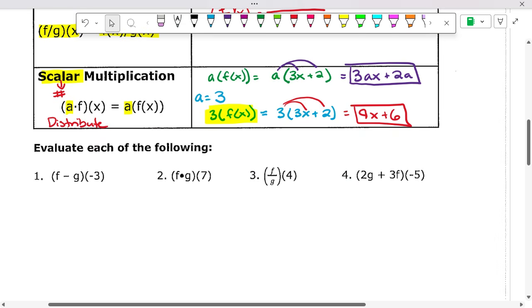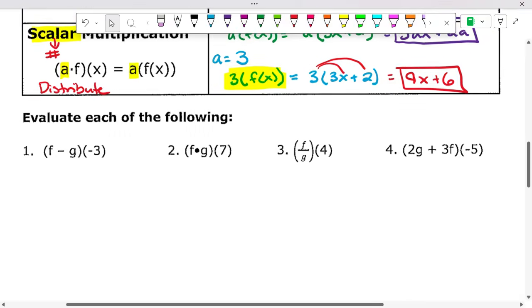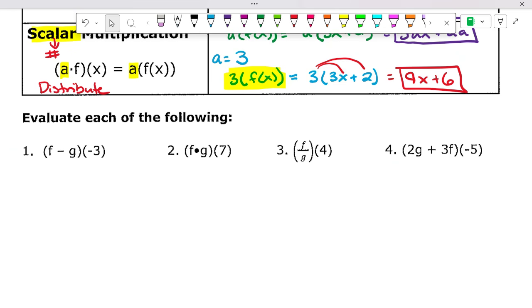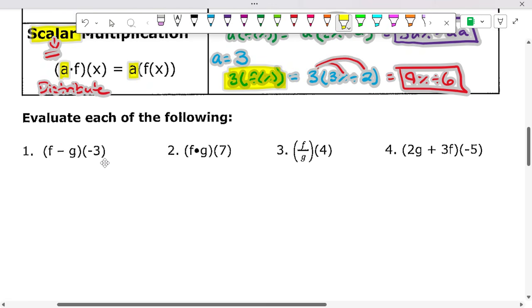All right. The last thing that we got to talk about is the evaluations. This is the one that a lot of people screw up, because they get thrown off by this number on the outside.